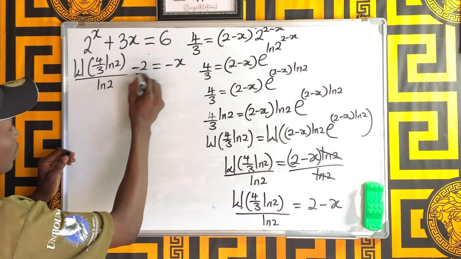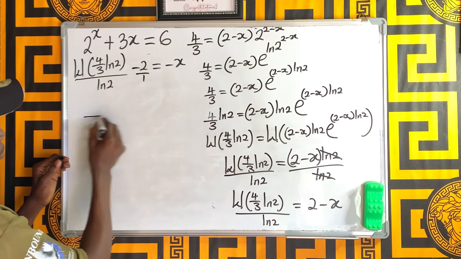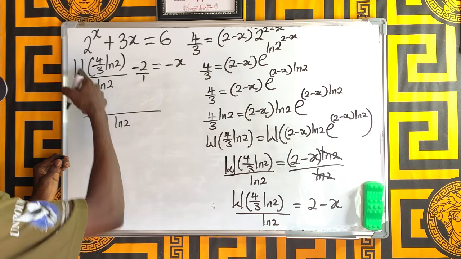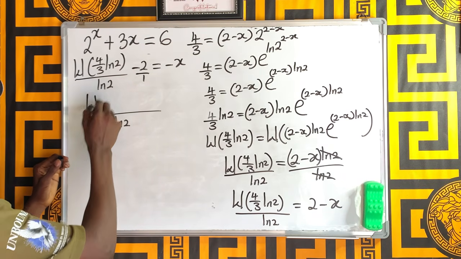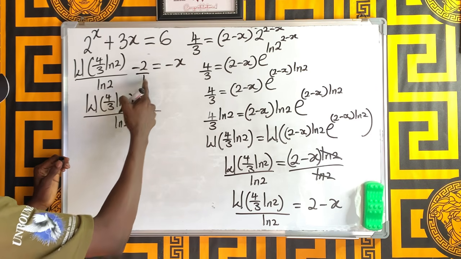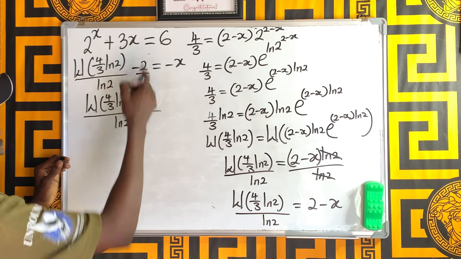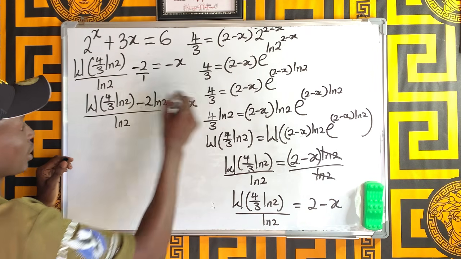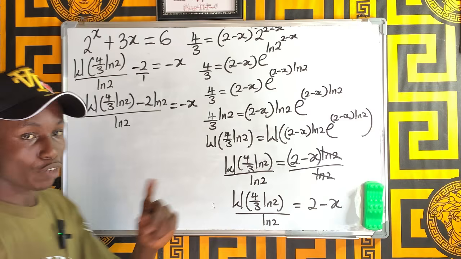Now the denominator of this is 1. What is the LCM? The LCM is natural logarithm of 2. This into this is 1. 1 times everything will give us the W function of 4 divided by 3 ln 2, and this into this will give us minus 2 natural logarithm of 2, is equal to minus s. And remember, our target is to find the value of s.